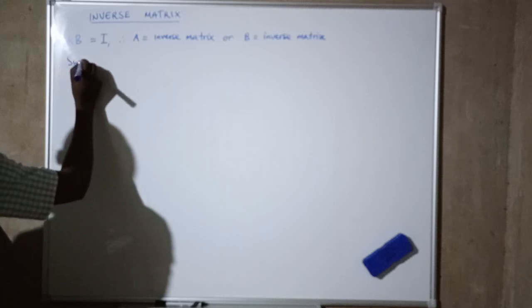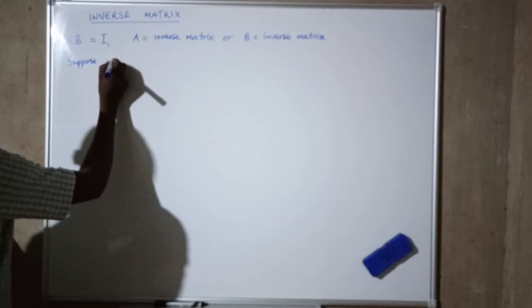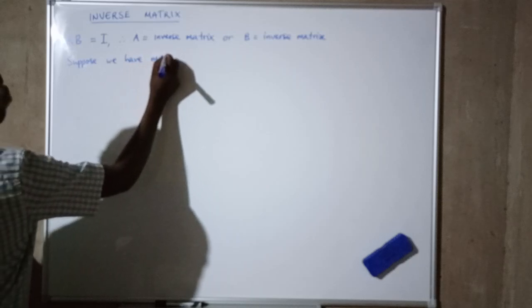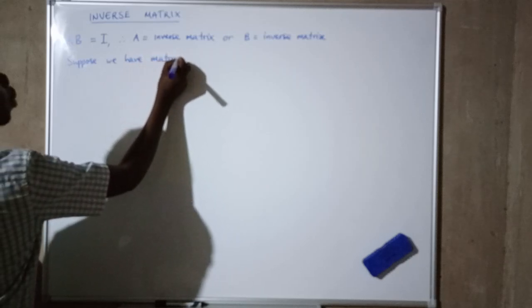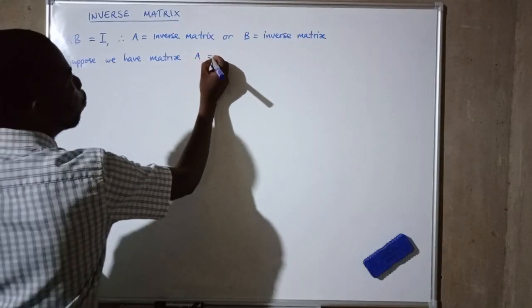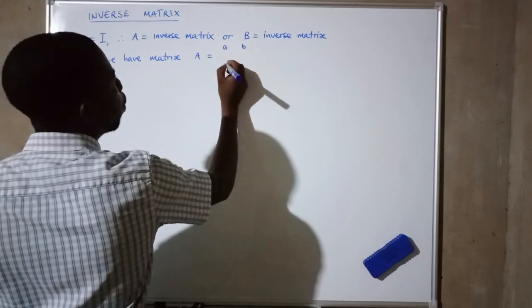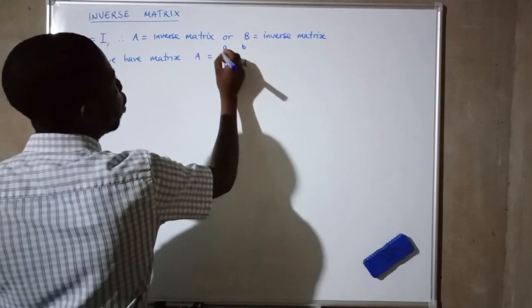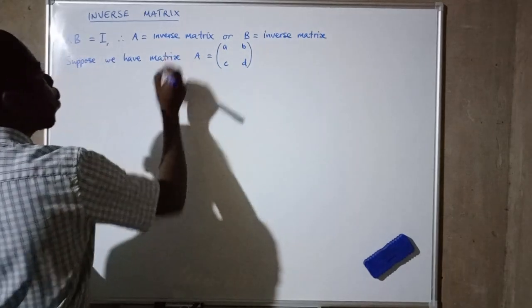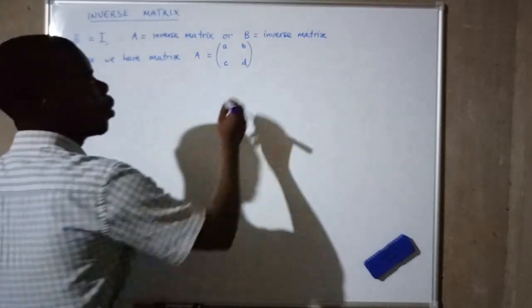Suppose we have matrix A, which maybe is given by, let's put some letters, A, B, C, D, like that.